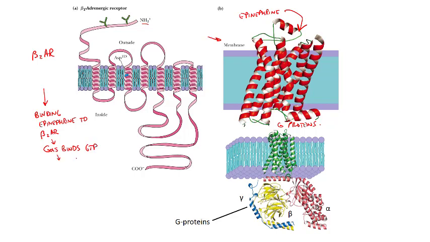And then after G-alpha S binds GTP, it breaks loose from the complex and moves along the interior of the plasma membrane until it binds to adenylate cyclase.